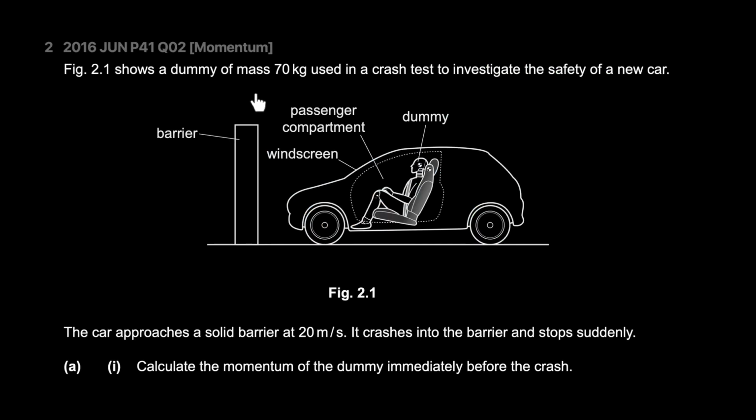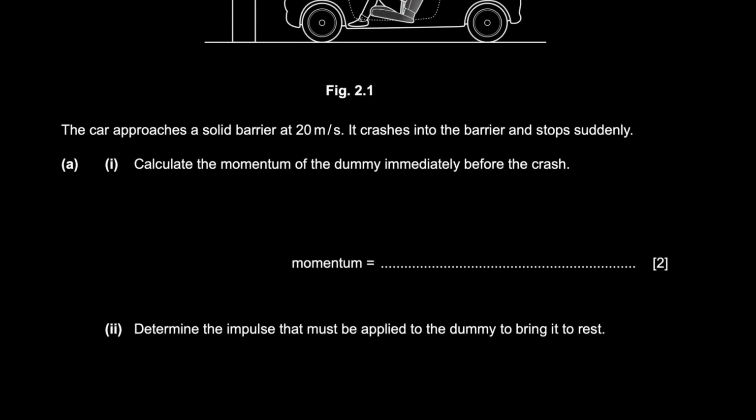The figure shows a dummy of mass 70 kilograms used in a crash test to investigate the safety of a new car. The car approaches a solid barrier at 20 meters per second. Bang! Dead stop, right? Calculate the momentum of the dummy immediately before the crash. Pretty easy question, IMO so far.